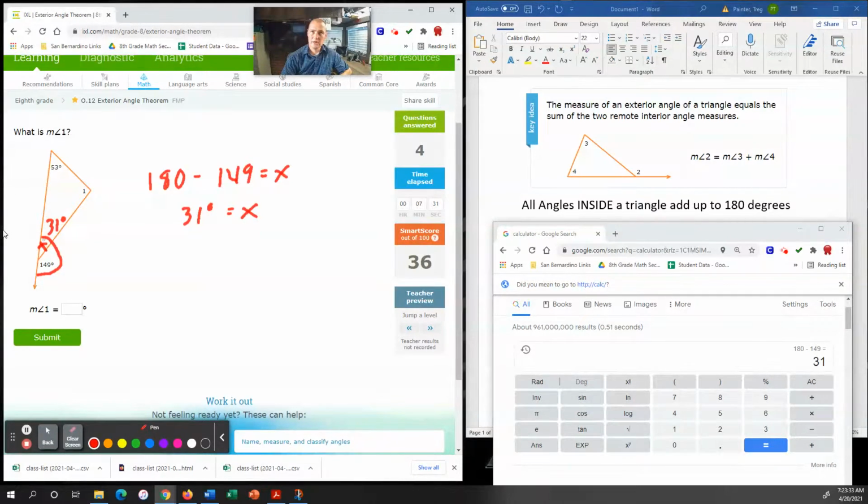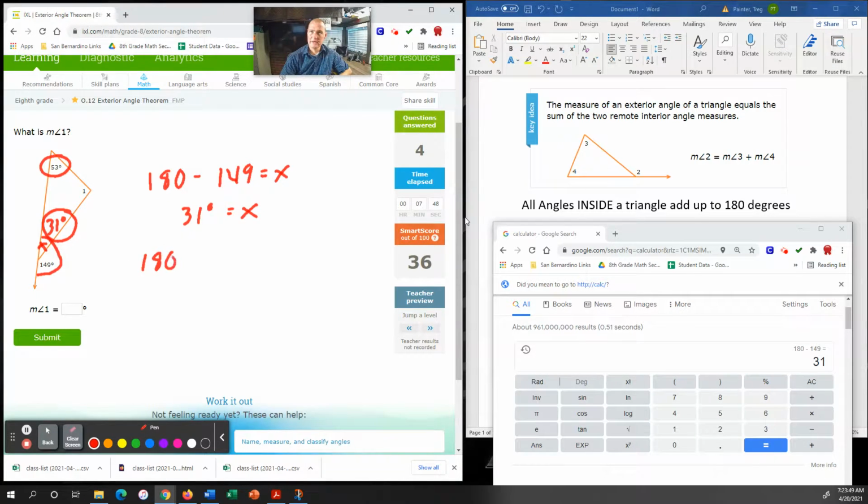Now, because that was a supplementary angle theorem, and I'm noticing right here, all angles in a triangle must add up to 180 degrees, we can take 180 degrees and subtract out your 53 and your 31.